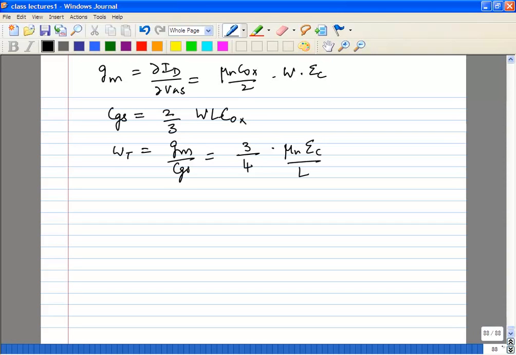For a normal long channel transistor, if you increase the overdrive, your omega t actually increases. But that is no longer the case when short channel effects are predominant. Is that clear? So the only control you have is the length of the device, and it doesn't go as 1 over L squared, it now goes as 1 over L. Obviously what this means is it doesn't depend on bias conditions, right? VGS minus VT is one measure of the bias condition, so this doesn't depend on the bias at all anymore.